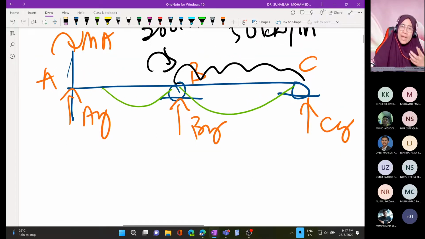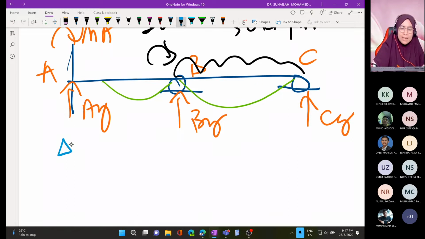Okay, at A, displacement and rotation. Ini dekat A. Displacement and rotation.